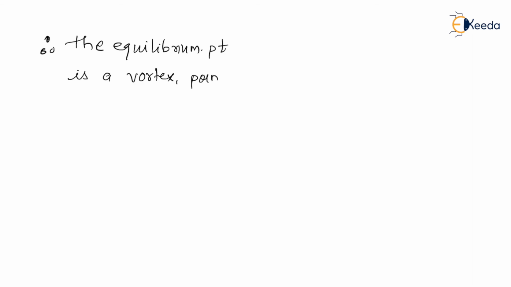Therefore, the equilibrium point is a vortex point with poles at s is equal to plus minus j.